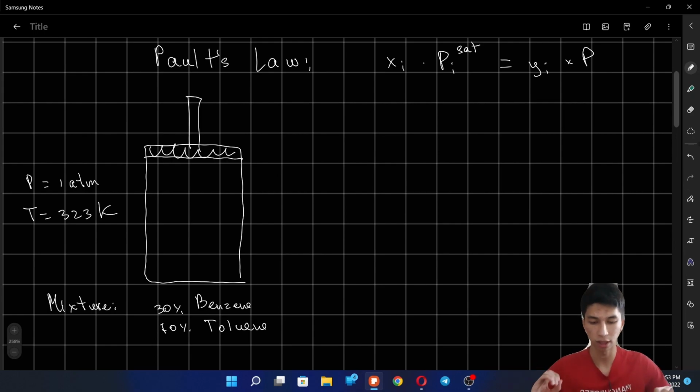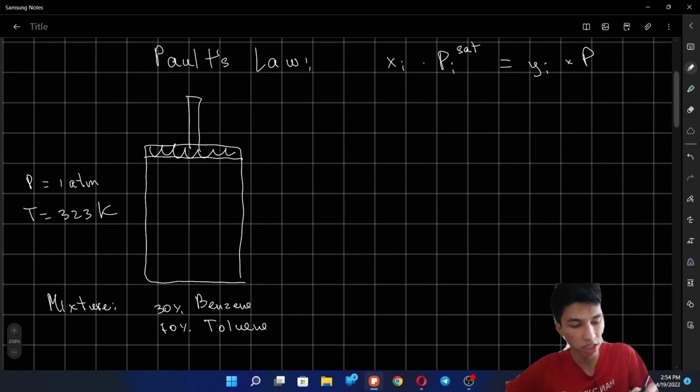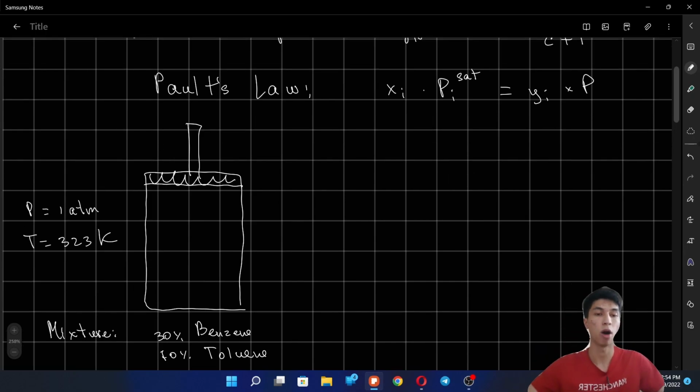So for the bubble pressure, we have the liquid mixture, and the sum of the mole fractions in the liquid phase should be equal to 1. So we have an equation. From Raoult's equation, the sum of Yi, the mole fractions of the components in the vapor phase, should be equal to 1.